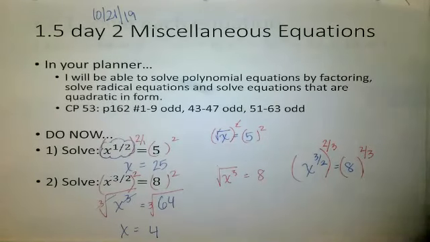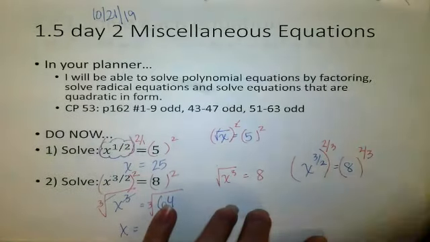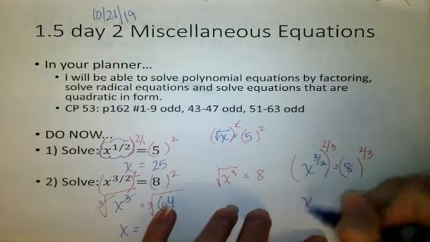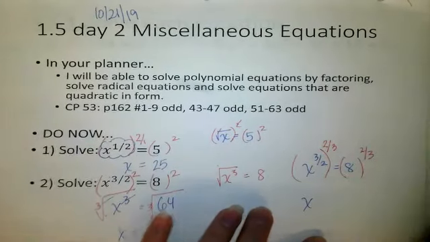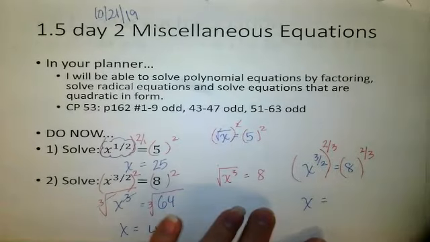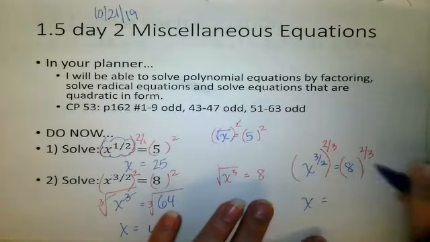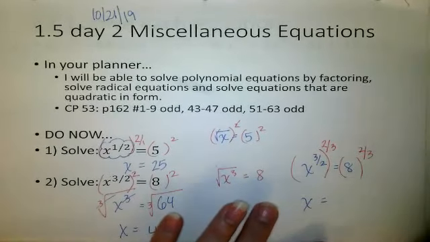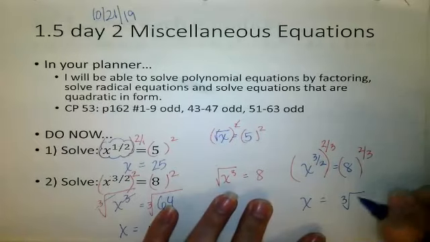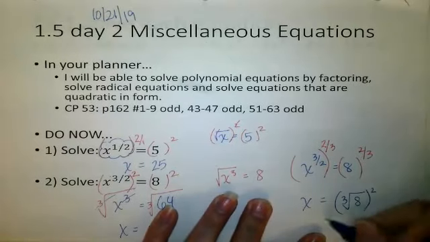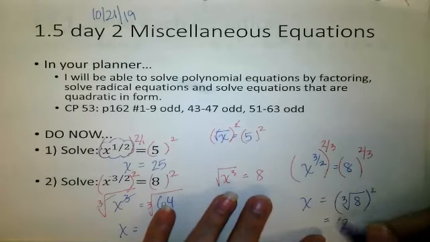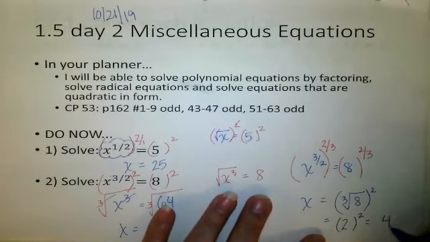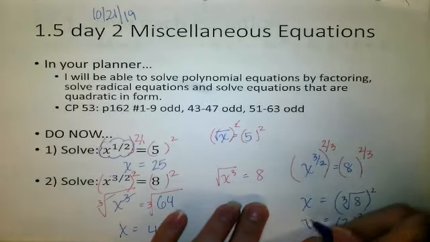So solving these, we get x to the, what is 3/2 times 2/3? 1, yeah, x to the first. And then 8 to the 2/3 is the cube root of 8 squared. What's the cube root of 8? 2 squared equals 4.